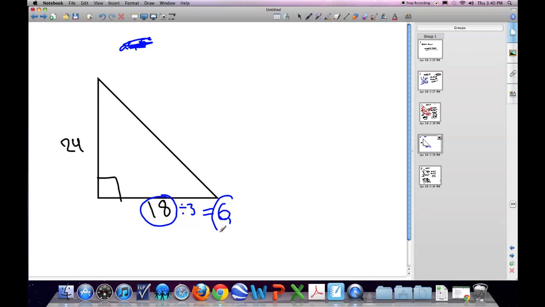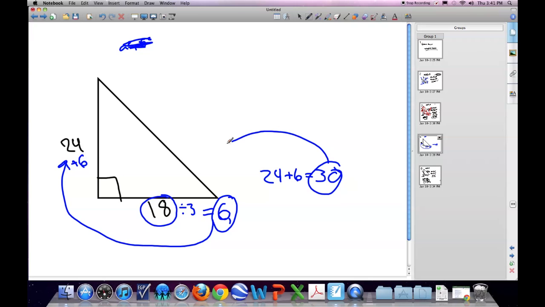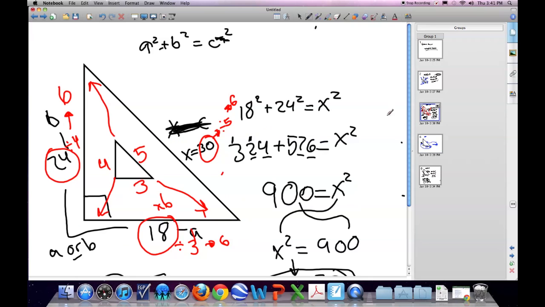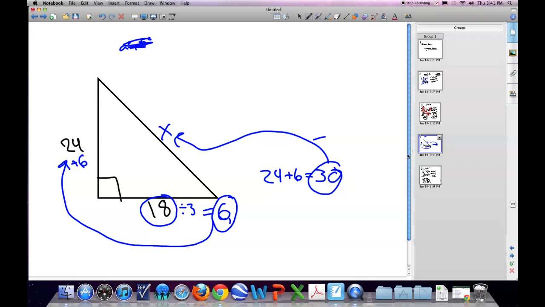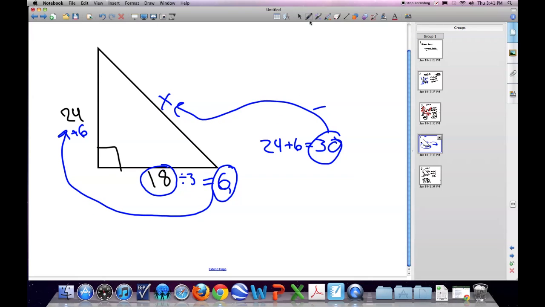So we're going to take this 6, we're going to bring it all the way over to 24, and we're going to add it to 24. And so now you have 24 plus 6 equals 30. And as you'll notice, 30 is the missing side, which is correct. Now, how does this work, you're asking? And I will answer, I said.